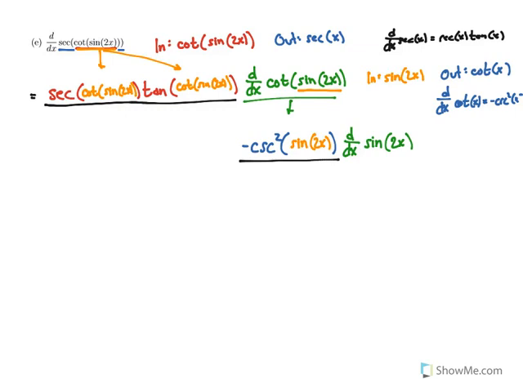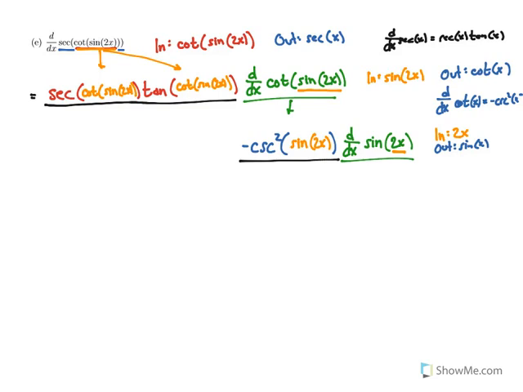I now need to take care of the derivative of sine of 2x, and lo and behold, we have chain rule again. Inside function is 2x, outside function is sine, and we know the derivative of sine is cosine.